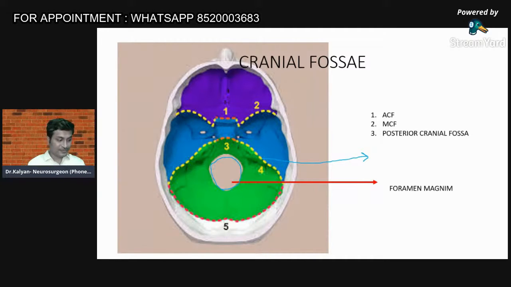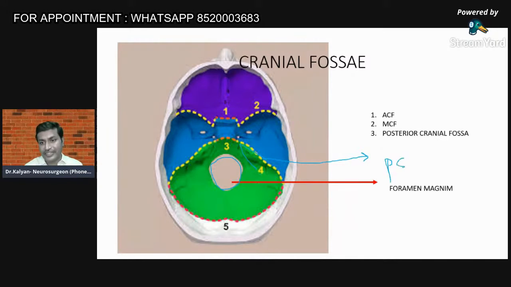Are you answering or not? If you don't know, just say you don't know, so that I understand that you have attempted. This bony structure is the petrous bone.